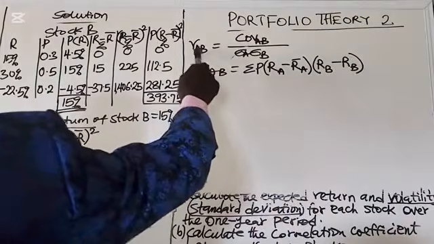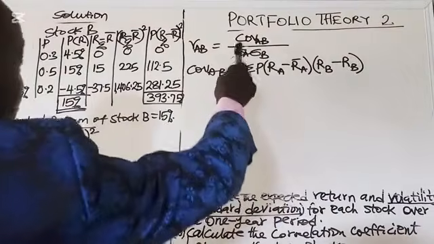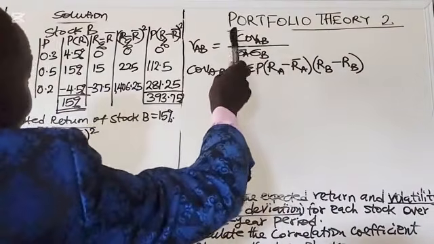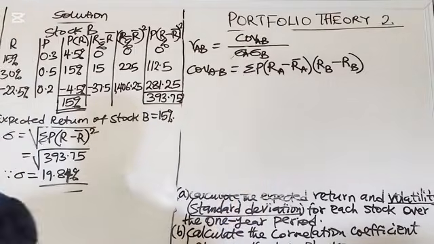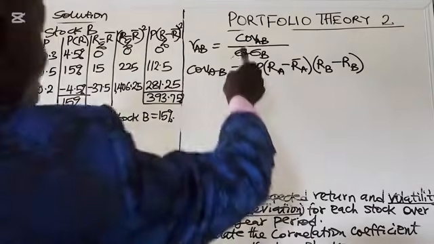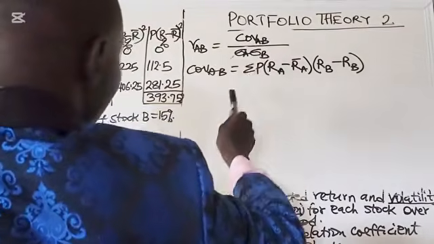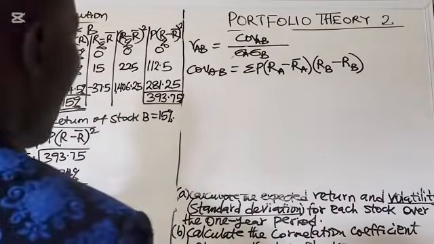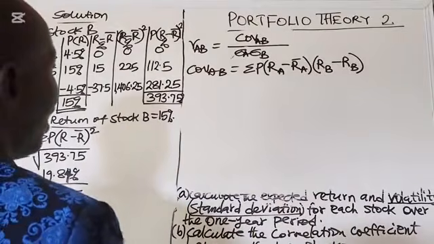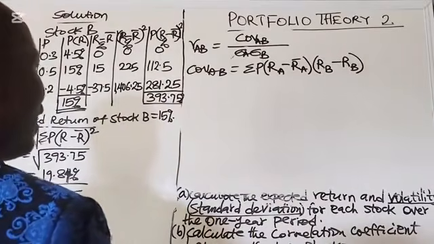To calculate the correlation coefficient between the two stocks, you will need the covariance between them. We know the standard deviation of stock A, and we equally know the standard deviation of stock B. So what we are in need of is the covariance between the two stocks, and the formula for covariance is this.